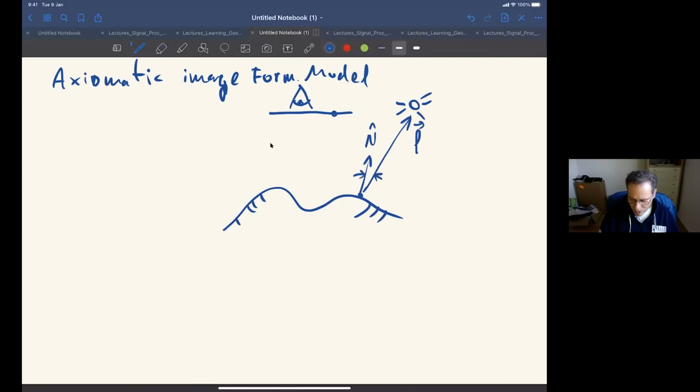So the image I of x and y is nothing but the inner product between n and L.